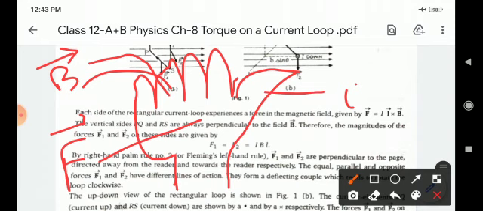Then the palm faces towards the force and the thumb represents the current. Thumb represents current and palm represents force. Okay?